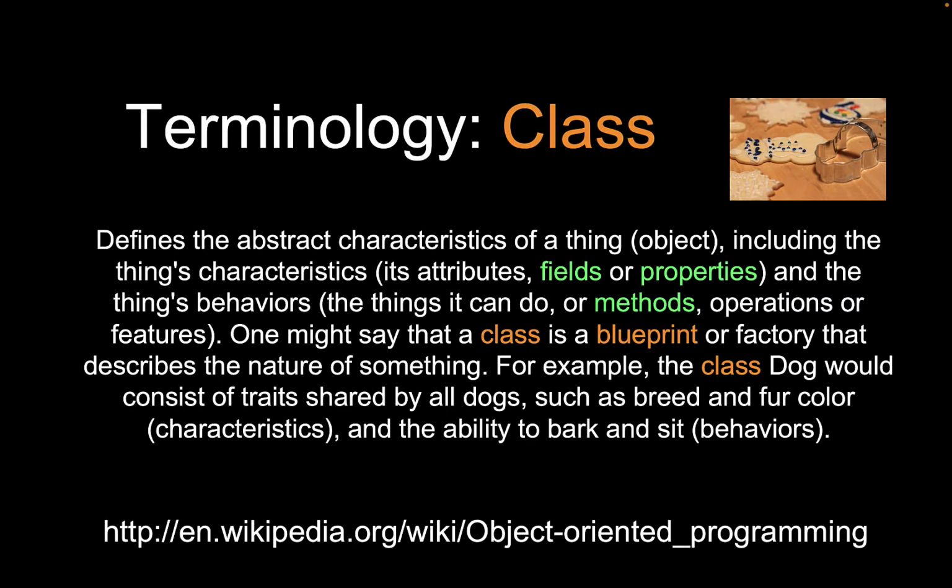So I won't go so far as to use the word factory myself. So class is a blueprint that describes the nature of something. For example, the class dog would consist of traits shared by all dogs, such as breed and fur color, those are characteristics, and the ability to bark and sit, behaviors.